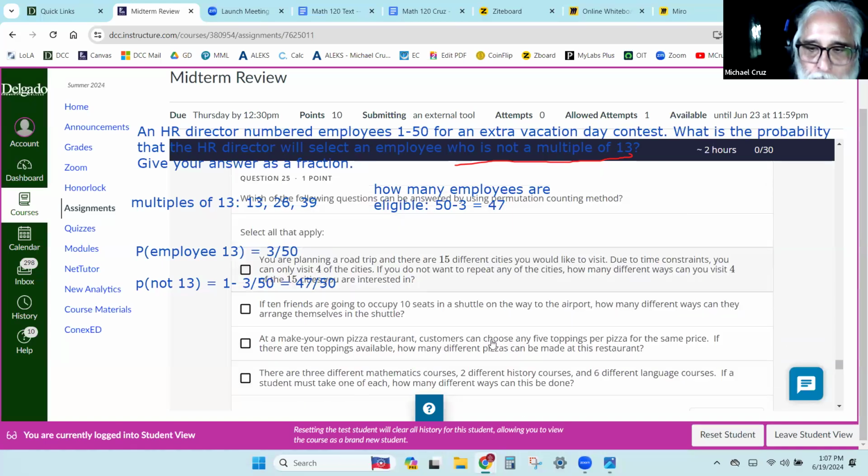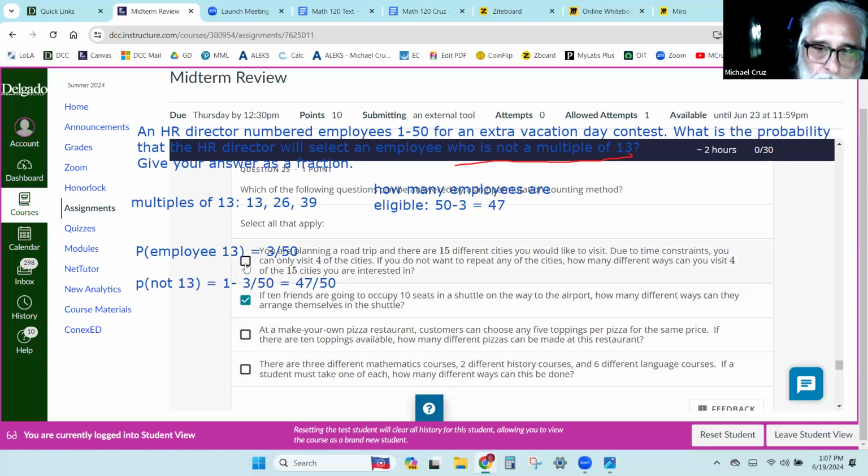So both of these are ordered, because for the 10 friends, each one of them is different, and they're going to sit in a 10 seat. But pizza toppings, that's a combinations issue because the order you put on the toppings doesn't matter.